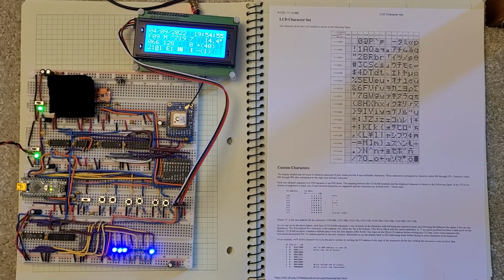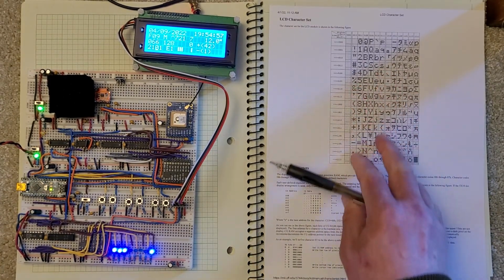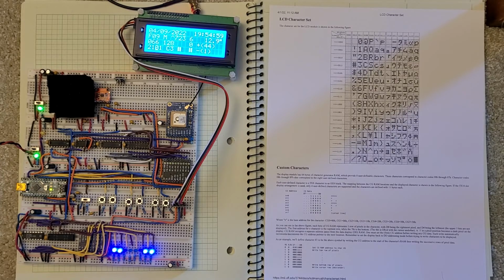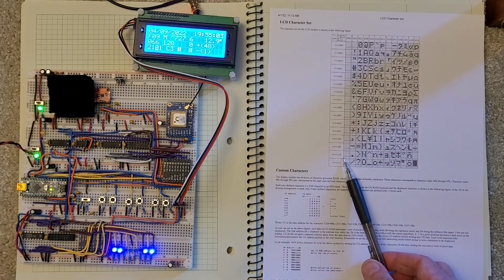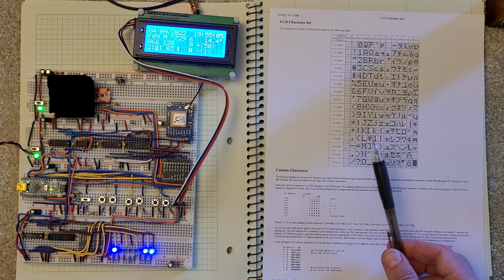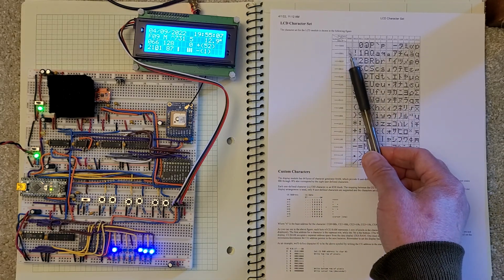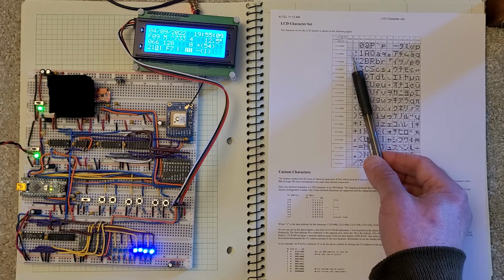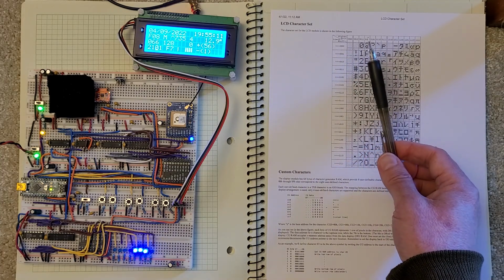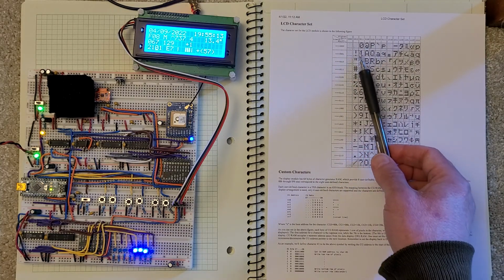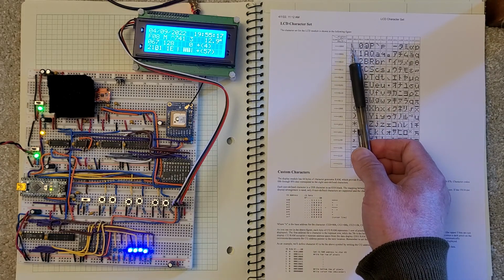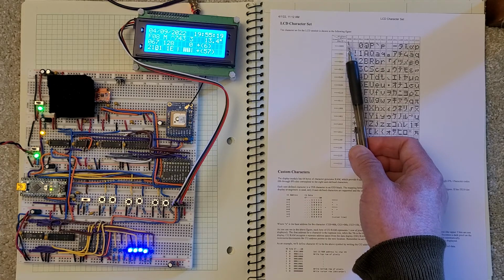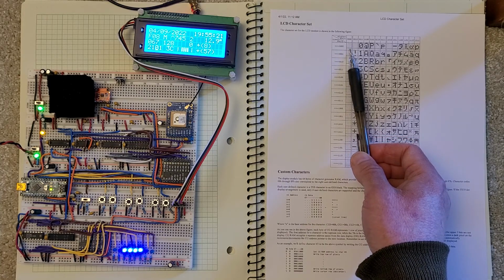And so the way I did this, this is the character map for the LCD driver chip, and it has a bunch of undefined characters. Each character in memory is an 8x8 grid of bits, so you can specify the image of the character, although in reality it's really a 5 wide by 8 high.